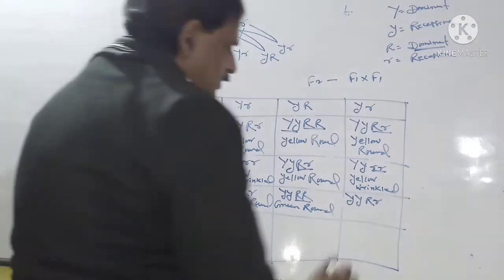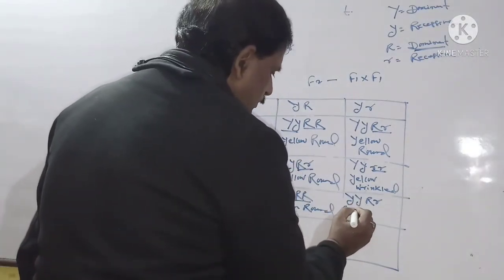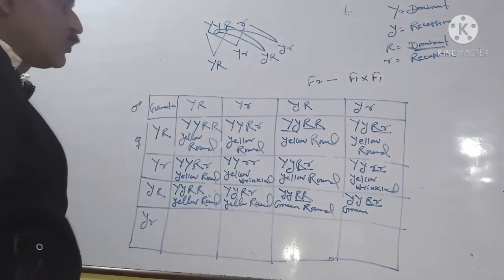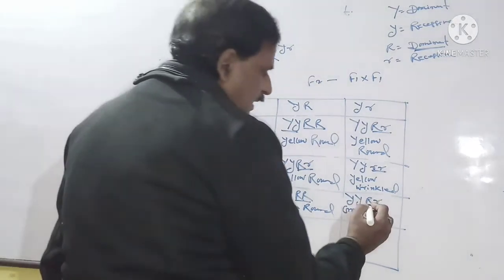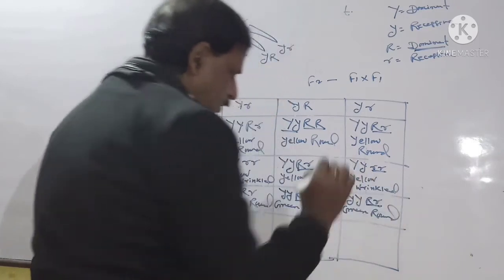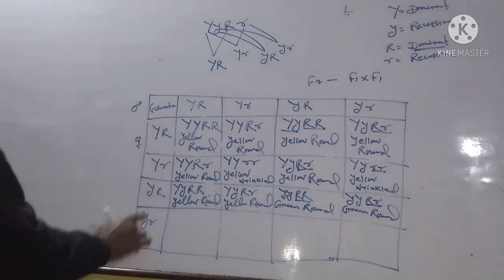Small y is the recessive character and indicates green. Capital R is dominant and indicates round, green and round.